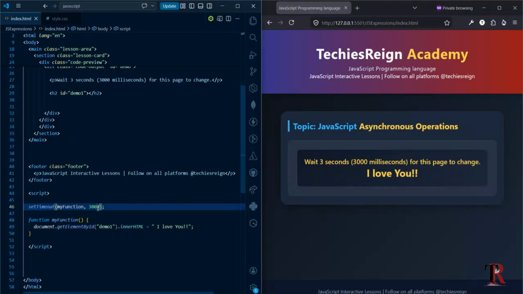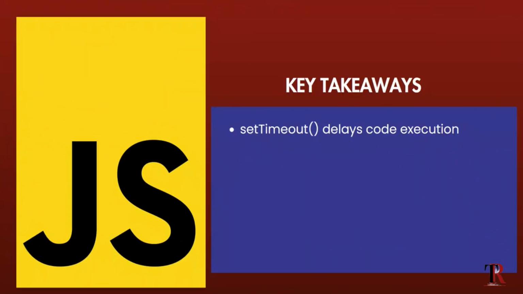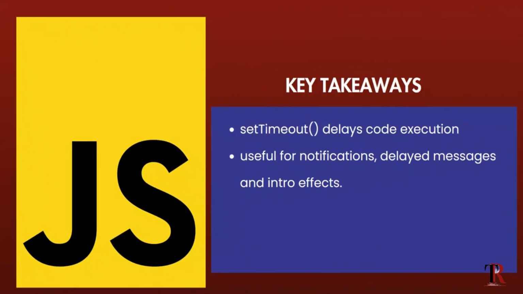It will not appear immediately, unlike when we changed it to 0 seconds. So this is how asynchronous operations happen in JavaScript. It's a task that runs in the background and then displays when the set time has been completed. Key takeaways. Number one, setTimeout delays code execution. Number two, it is useful for things like notifications, delayed messages, and intro effects, as it runs only once.